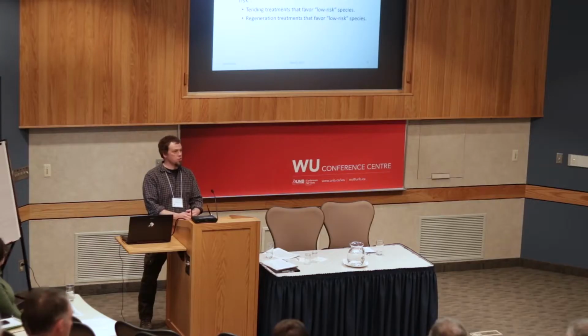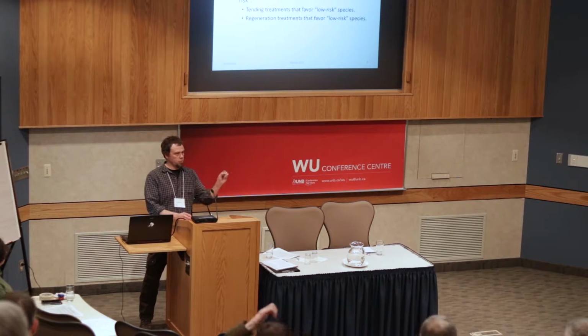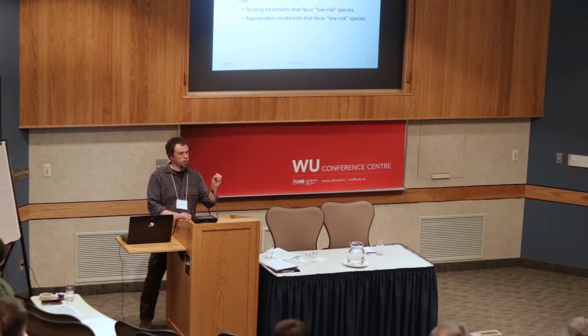So one of the basic premises of this tool is that it seeks to manipulate stands towards lower risk in terms of climate change. So species being defined as high risk are those that are expected to undergo either a high degree of stress associated with climate change and or, as Anthony described so well, to become, under some situation in ecological context, no longer competitive with a site.